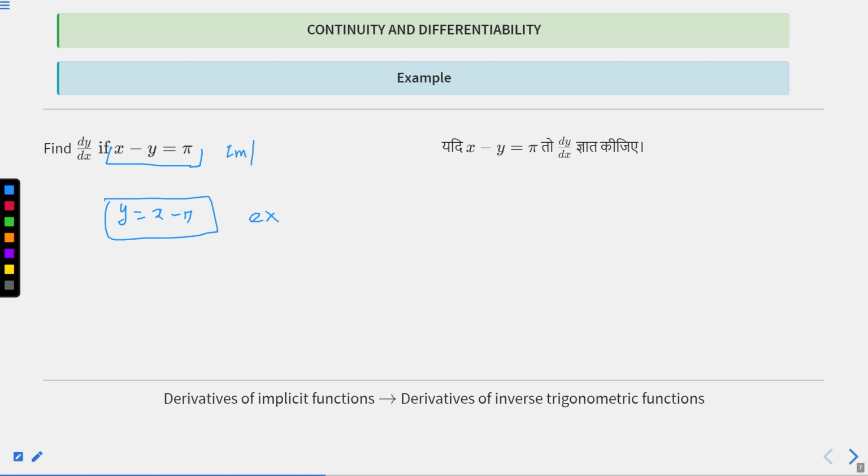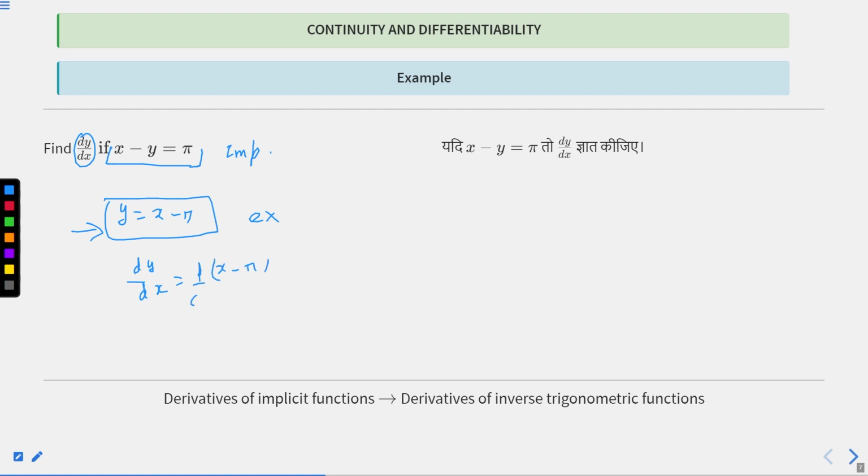Now what can you say? You want to find this derivative. So in explicit form, how do you find it? Very easy. You write dy by dx, you know that y is x minus pi, and you differentiate the whole term with respect to x.